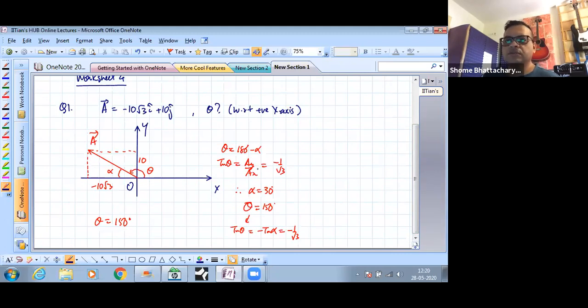If the answer key is given as 120 degrees, Rishi, then just make a change. It should be 120. Let me just check once.